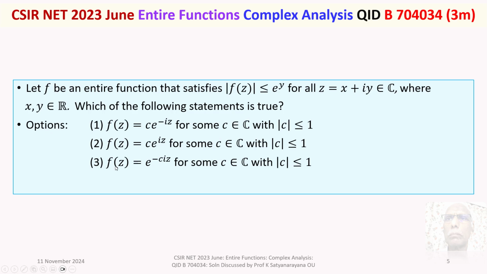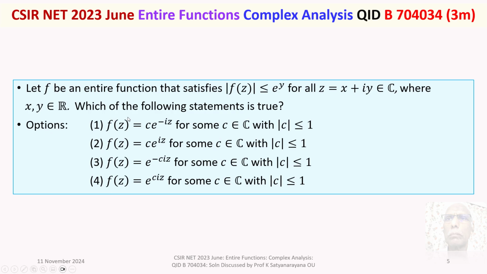Option 3: f(z) = e to the power of minus c iz for some c belonging to the set of complex numbers with mod c less than or equal to 1. Option 4: f(z) = e to the power of c iz for some c belonging to the set of complex numbers with mod c less than or equal to 1.